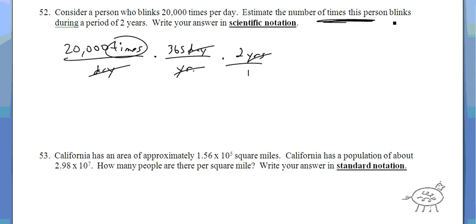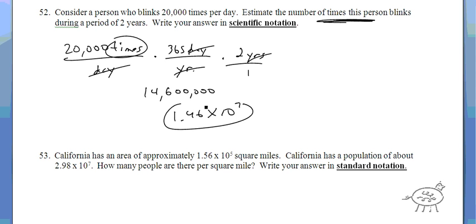So if I multiply that out in my calculator, I get 14,600,000. And if I want to put it in scientific notation, it's 1.46 times 10 to the, well, I move over 3, 6, 7. And it says estimated number of times, so the units are times.